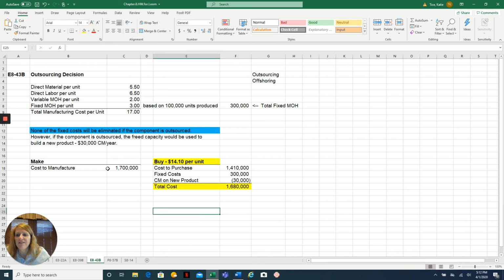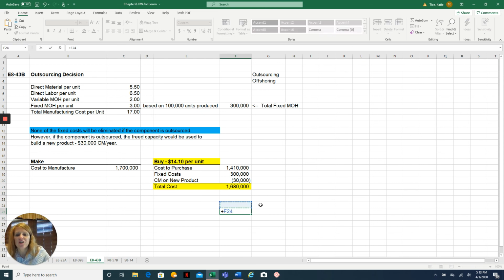If we manufacture the item, we're going to have to pay the 1.7 million. If we outsource it, then the total cost is 1,680,000. Your textbook was asking what would be the effect on operating income if we decided to purchase the component. Will operating income increase or decrease? Operating income would increase by $20,000, the difference between the 1.7 million and the 1,680,000.